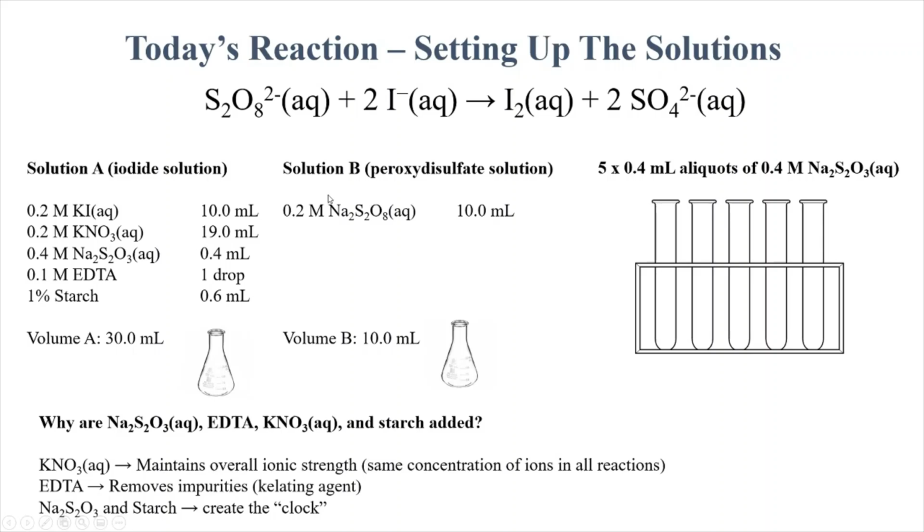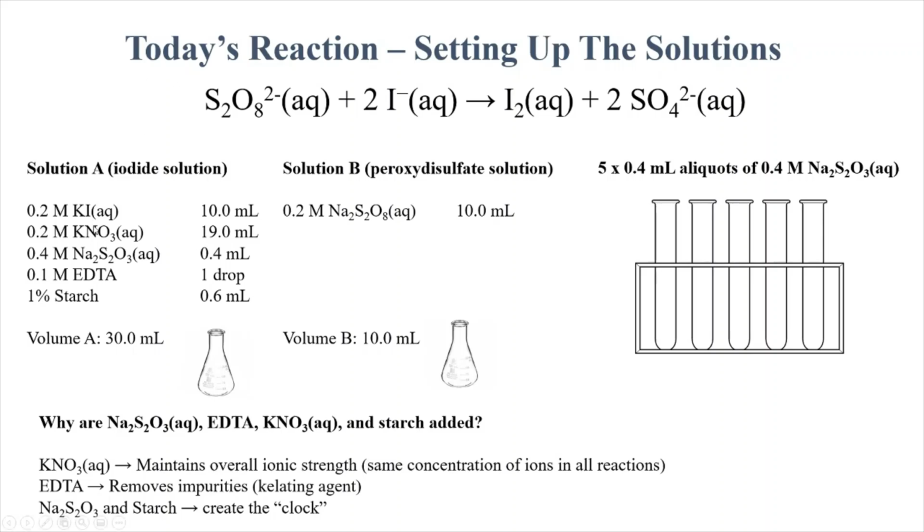In the method of initial rates, we know that we're going to have to play with these concentrations in order to set up our initial rates table. If we're changing these concentrations around, we're changing the relative numbers of ions in solution. What the KNO3 does is make sure that if we lower or increase the KI, we can balance out that change with spectator ions that are also present, like potassium and nitrate.